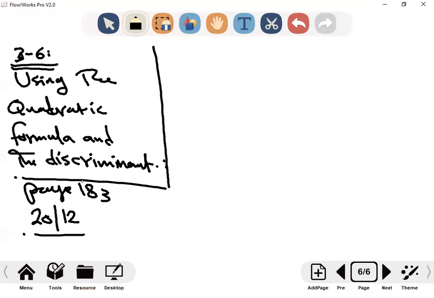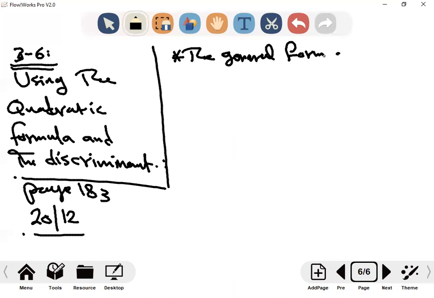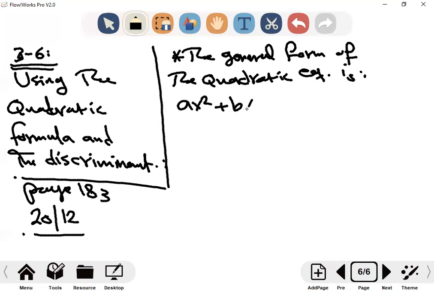So I will start with the discriminant, okay? What's the equation we will solve? The general form of the quadratic equation is ax power 2 plus bx plus c equal 0.